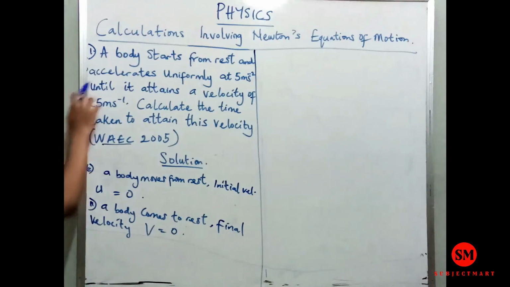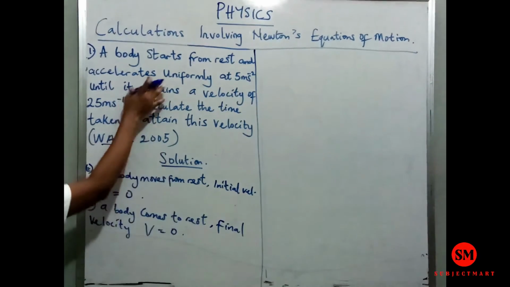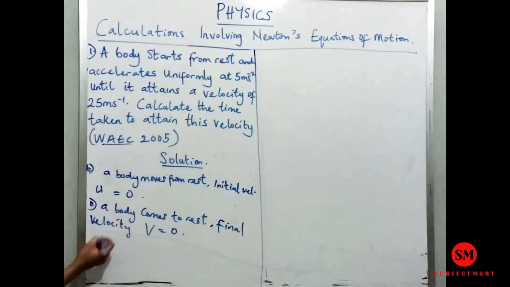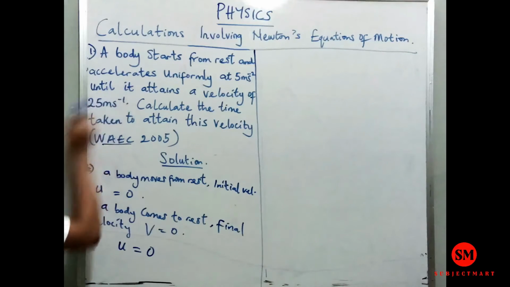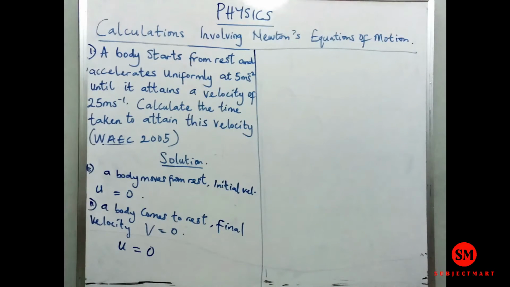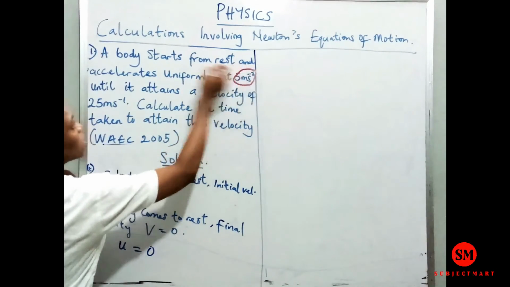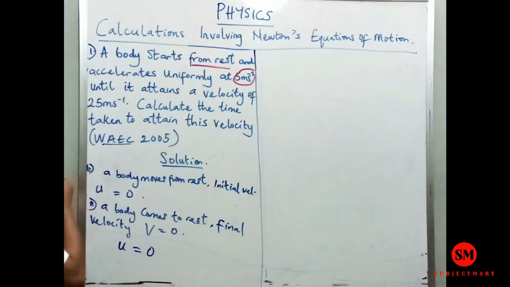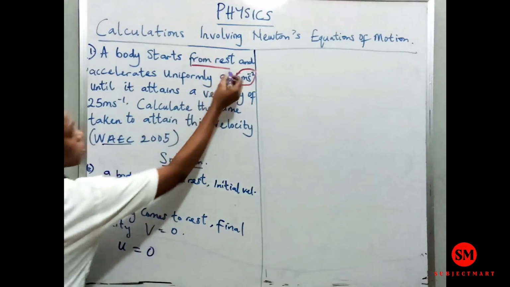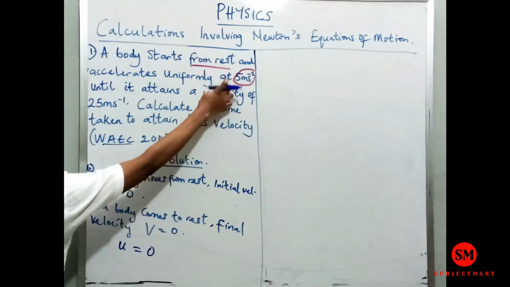So from our question here, your body starts from rest. Start or move from rest. Initially, the body was static. So that means our initial velocity is 0 and accelerate uniformly at, we have this 5 meters per second squared.